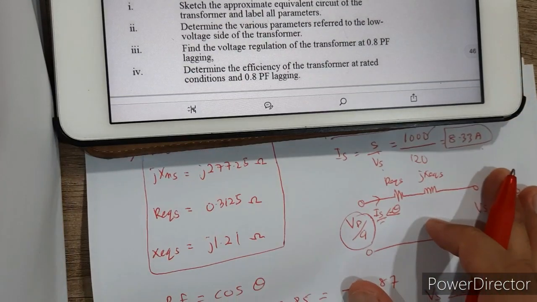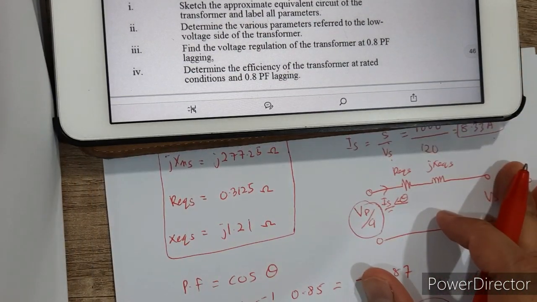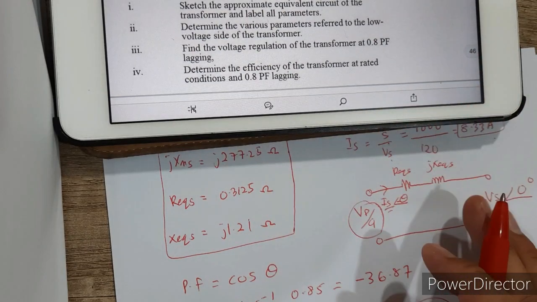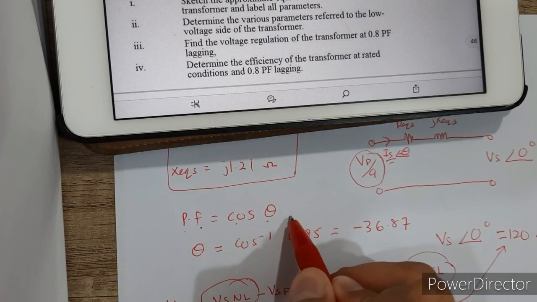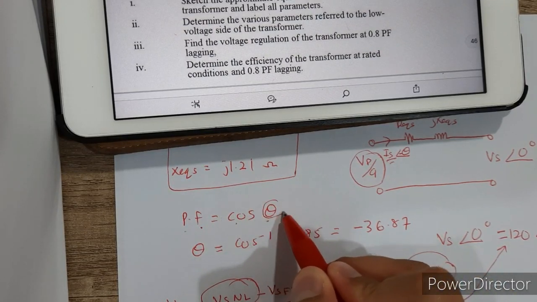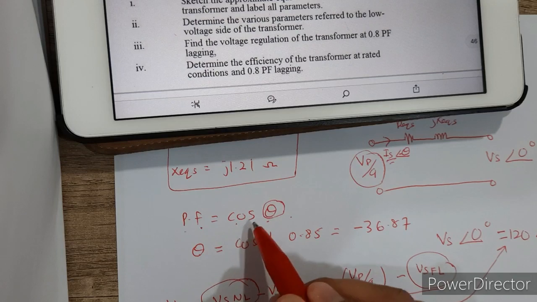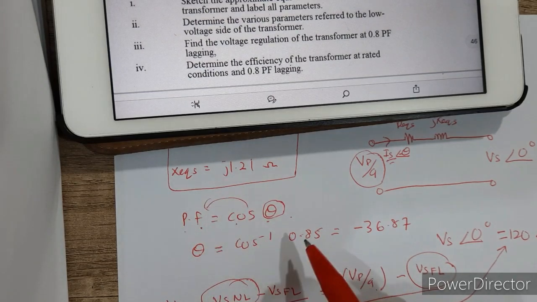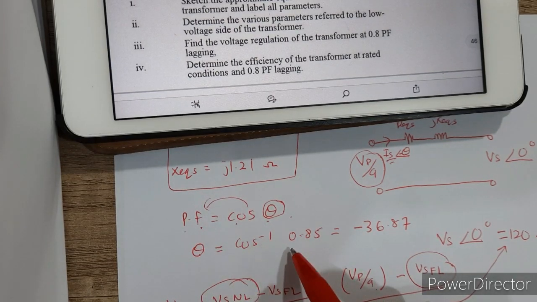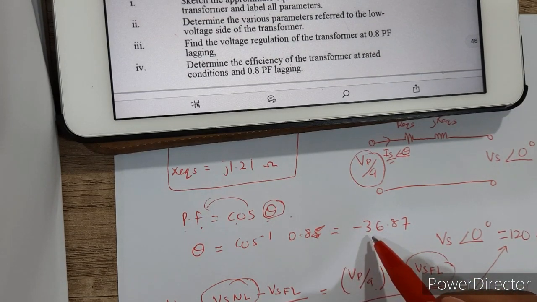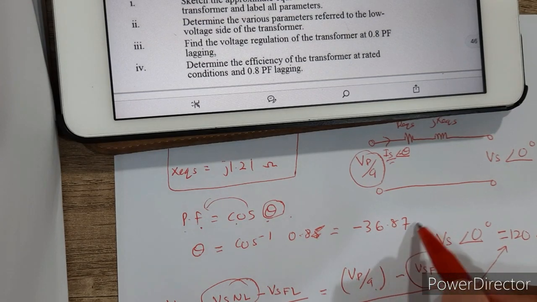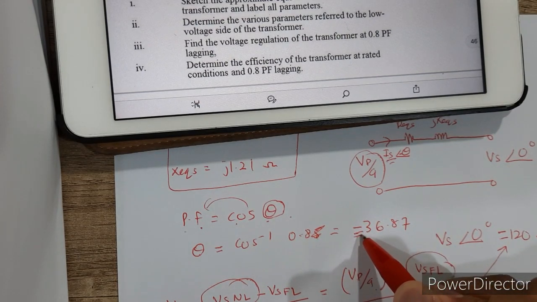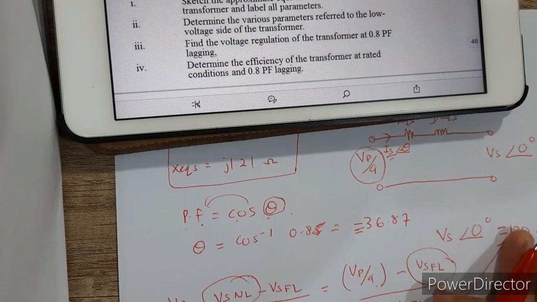Next, the given power factor is 0.8 lagging. Based on the formula, power factor equals cos theta, so theta equals cos inverse 0.8, then you can get negative 36.87. The negative indicates a lagging power factor.